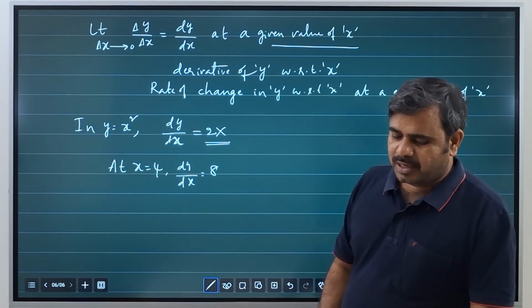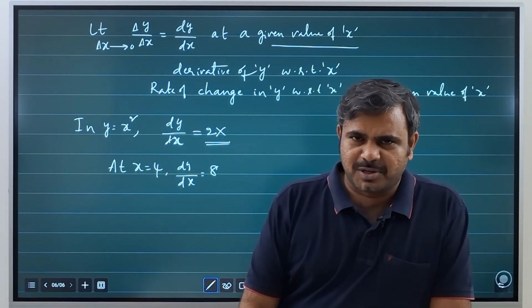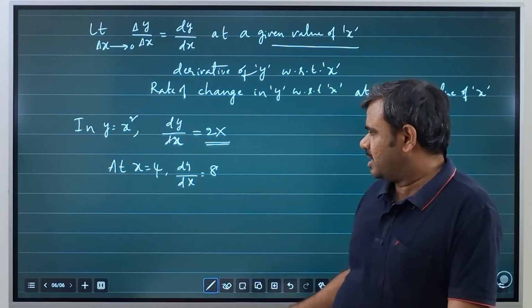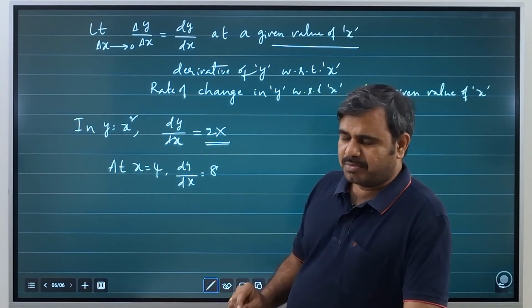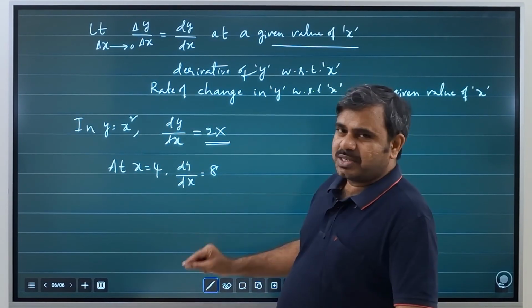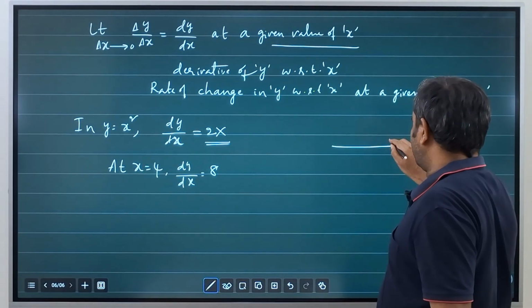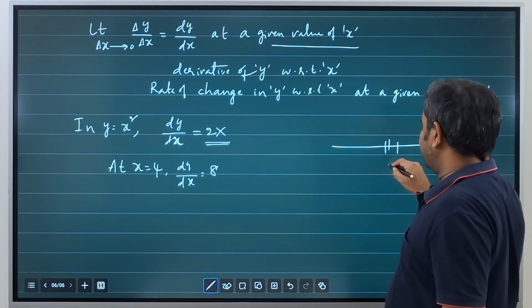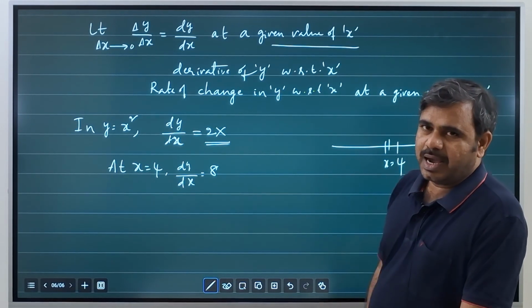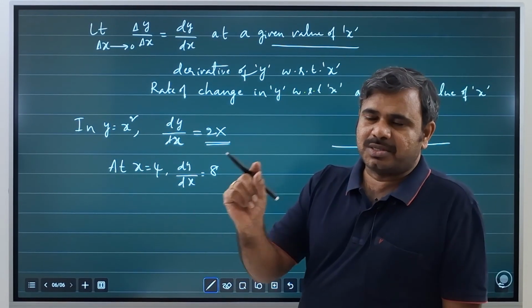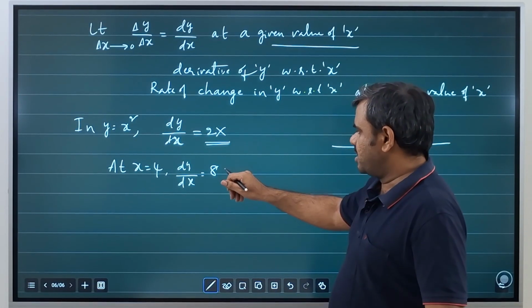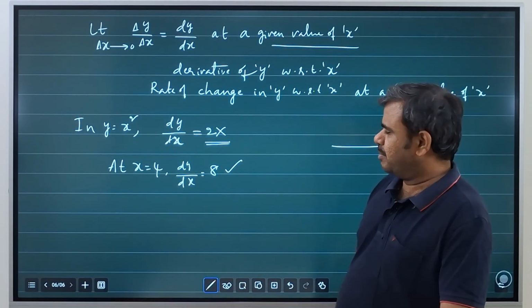So what do we mean by the rate of change in y with respect to x at x is equal to 4? It means if you construct a small interval around x is equal to 4, in that small interval, as delta x approaches 0, delta y by delta x approaches the number 8.